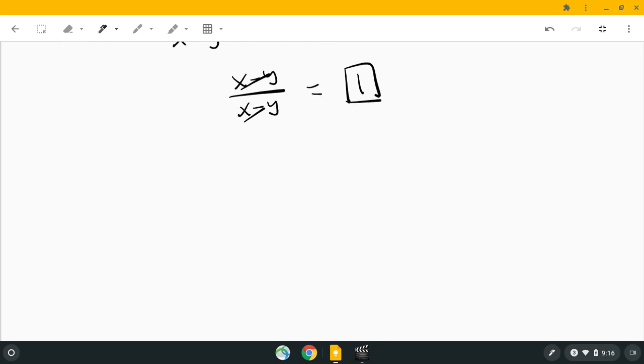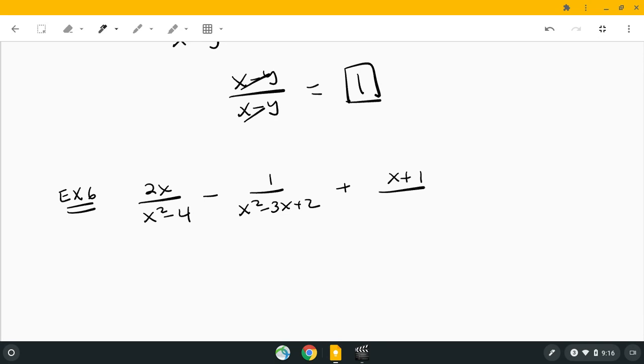And let's just go ahead and put both operations together the way we did with multiplication and division. So let's suppose we have this. So we'll have 3 fractions here. That's our first one. x squared minus 3x plus 2. And this one's our third one.